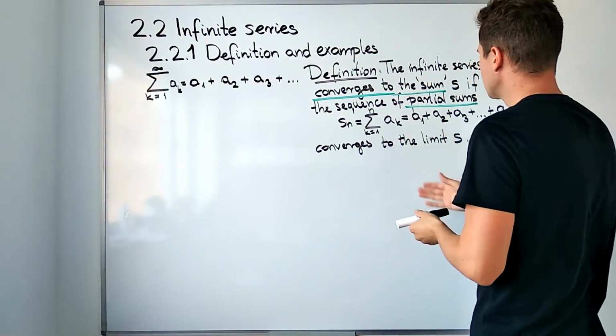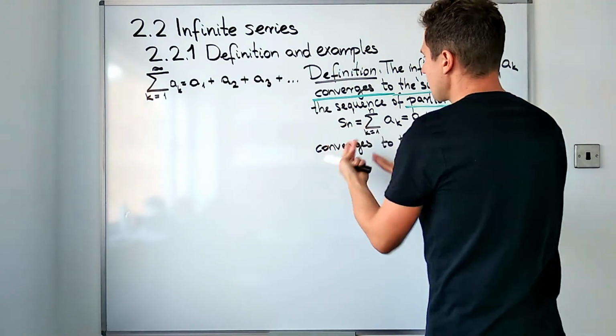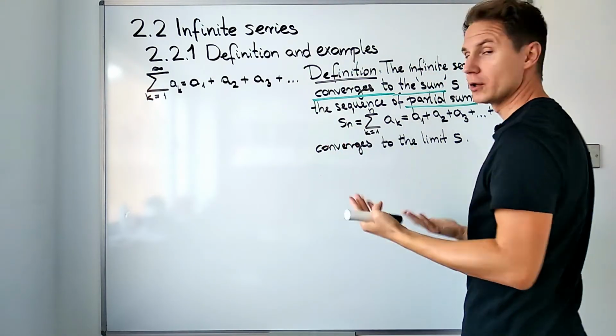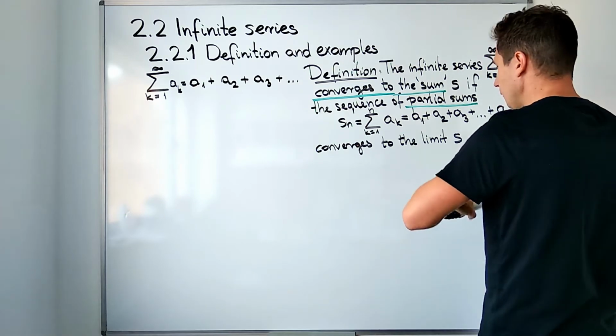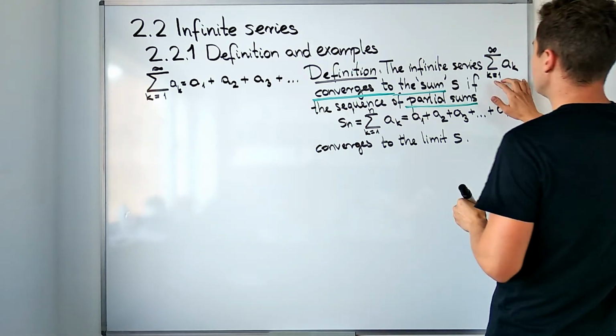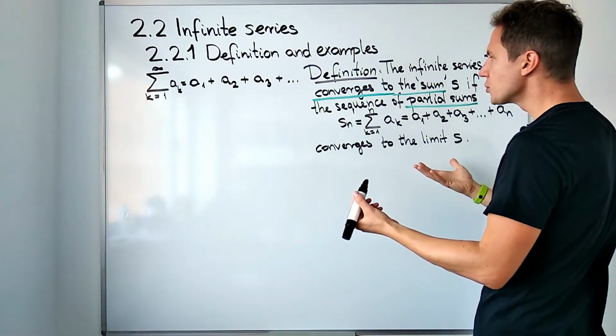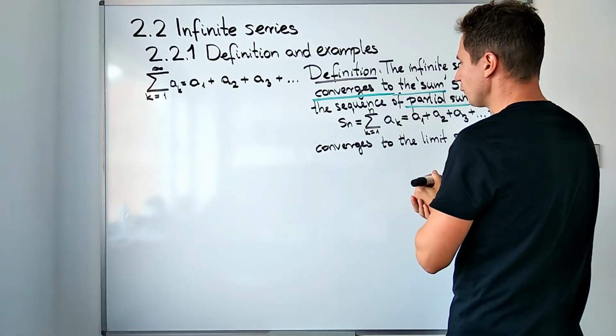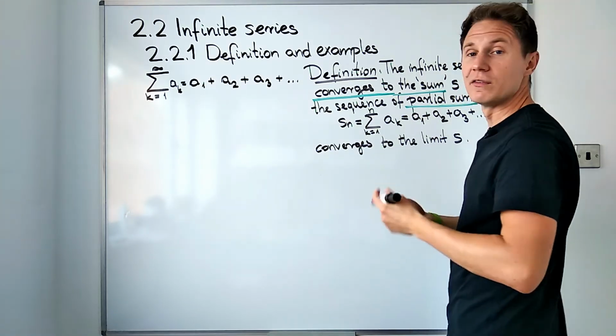Now, of course, it might not be the case that the sequence of partial sums is a convergent sequence, so we say that the infinite series is divergent if this sequence of partial sums has no limit.